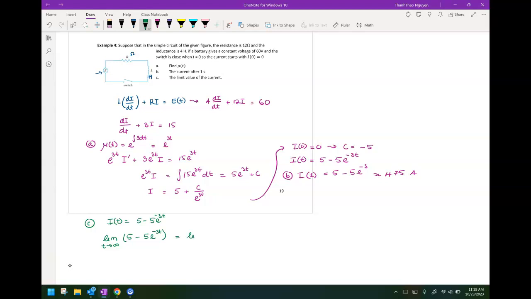We can rewrite this as the limit as t goes to infinity of 5 minus 5 divided by e to the 3t. As t goes to infinity, e to the 3t becomes extremely large, so this term goes to 0. So this equals 5. So the limit of the current is 5 amps.